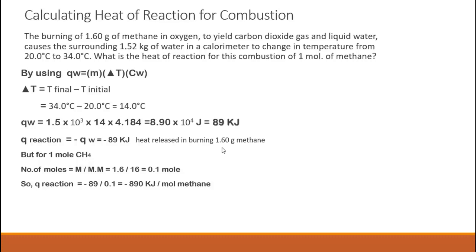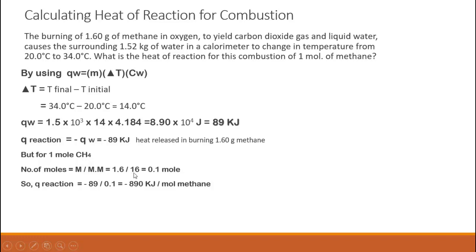By using magic triangle 1 from quarter 3, we first must know that the formula of methane is CH4. The number of moles equals mass divided by the molar mass, and the mass here is 1.6, and the molar mass is calculated as follows: carbon molar mass equals 12, and hydrogen molar mass equals 1, and 1 times 4 equals 4, plus 12 equals 16. So this is the molar mass of methane.